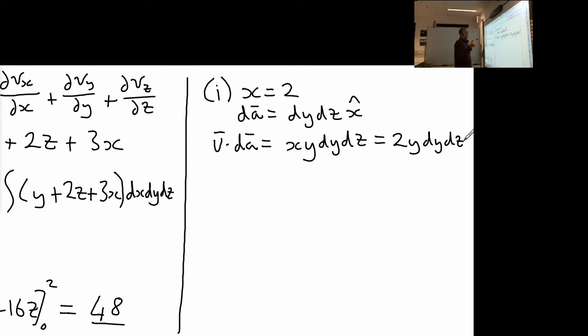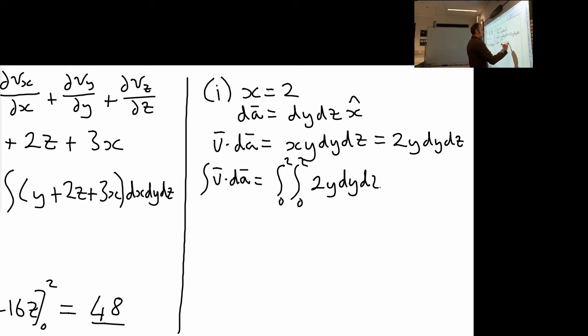We integrate this for dy and dz from 0 to 2. We do the integral with respect to y first. We're going to have 2y squared over 2, so we get y squared, so we have 4. Integrating with respect to z, we get 4z, and this will give us 8.